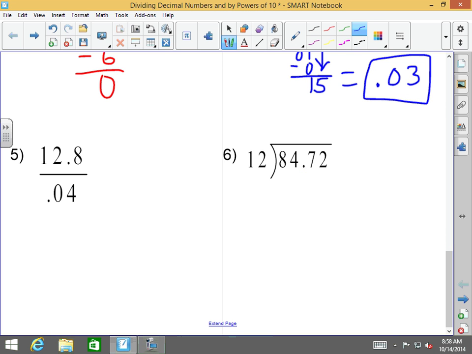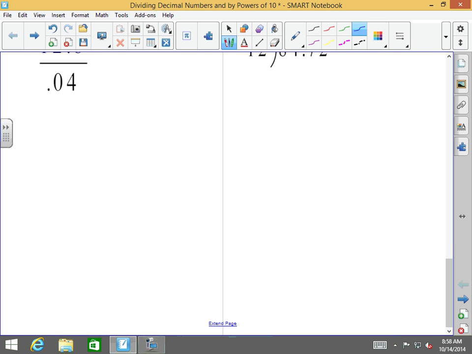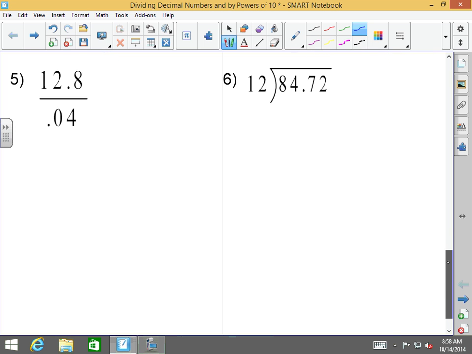Okay, next. First off, let's make this set up correctly. Which number goes on the outside? The 0.04, which is called the divisor. Good, divisor. So the 0.04 on the outside. And the 12.8 is the dividend, which is on the inside.